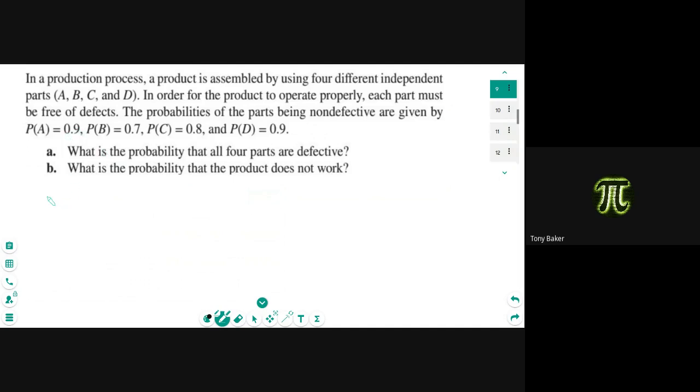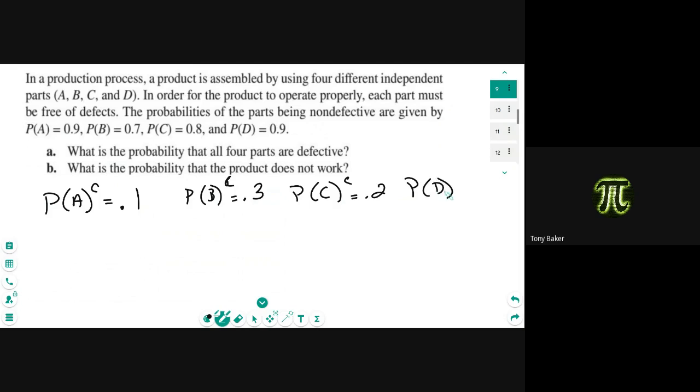So we're going to take the complement of each of these. So the A is going to be 0.1. The B will be 0.3. C 0.2 and D 0.1.